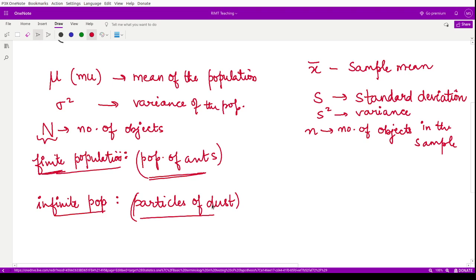Now there are several methods by which you could select your sample. You could select your sample randomly, or you may select your sample based on certain characteristics. For example, in the case of selecting a sample from BTech students, I may select the students based on their roll numbers, or based on their branches, or I may select the students randomly, right?